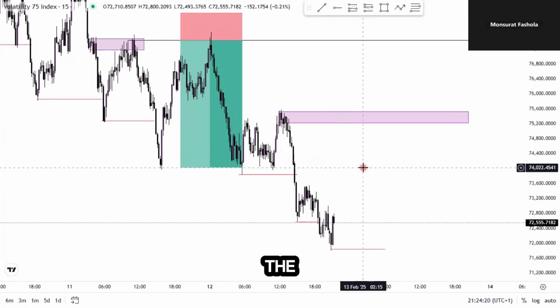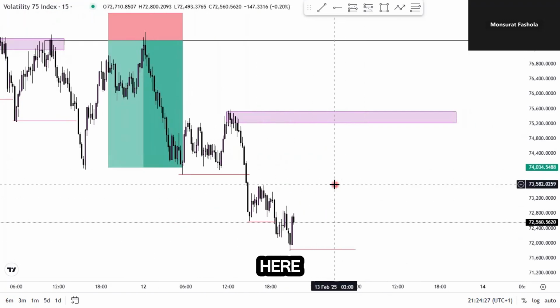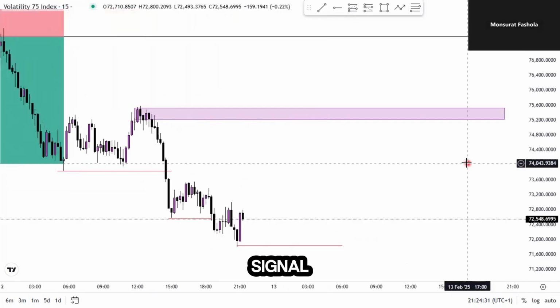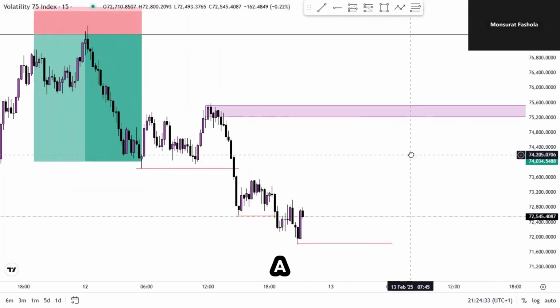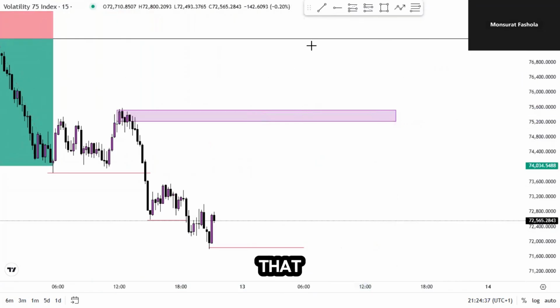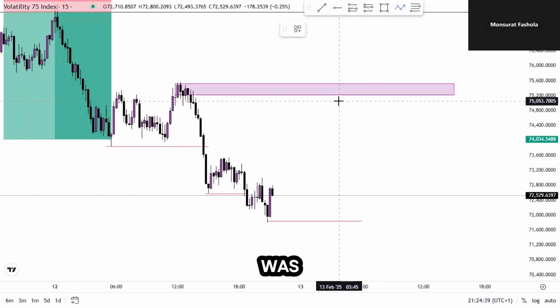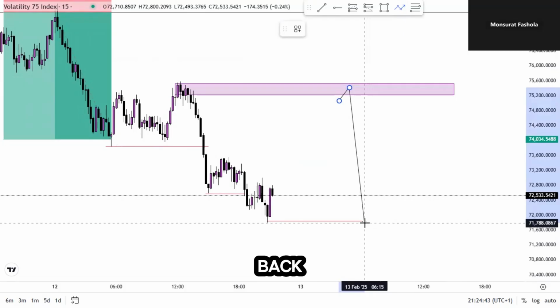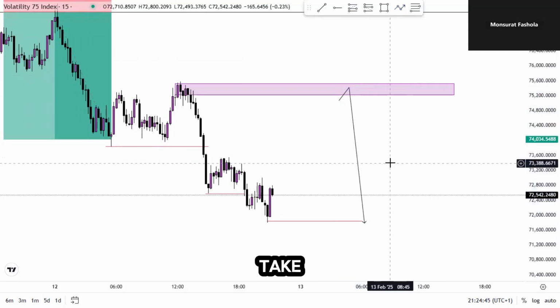Now, the recent market price is here. This is where we are right now. If you check the signal group, I posted a new one. Initially, what I posted was for price to come to this level here and come back and hit our take profit.